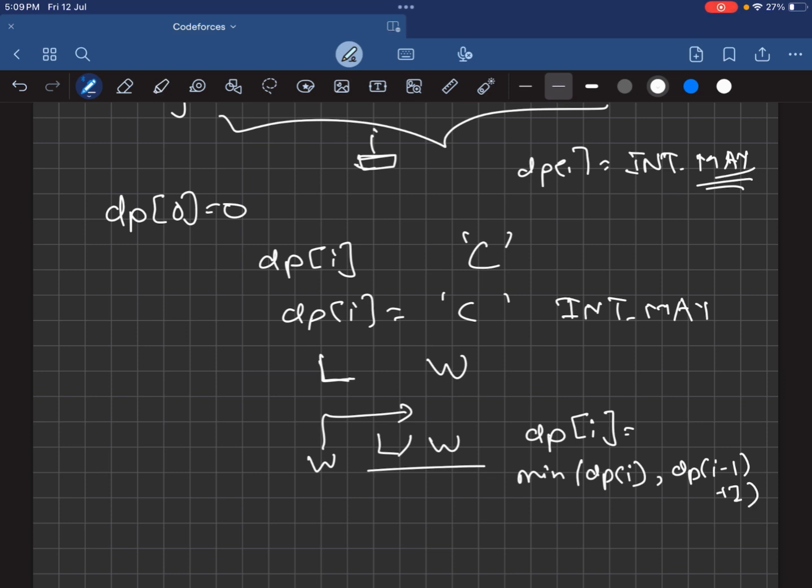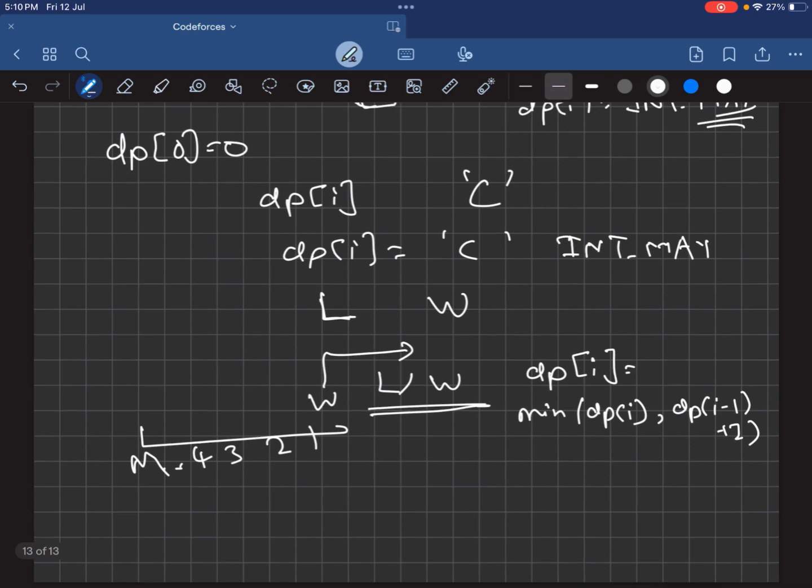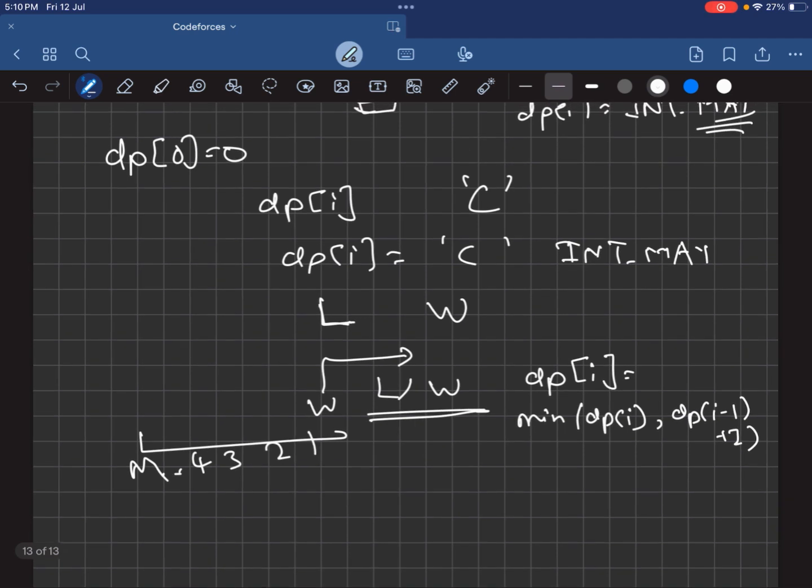This essentially means you came here by swimming from this position. For every such position you have to check the previous m positions, whether you could have jumped from them. If any of these previous positions is a log, then you have to check whether you came to this position by jumping.